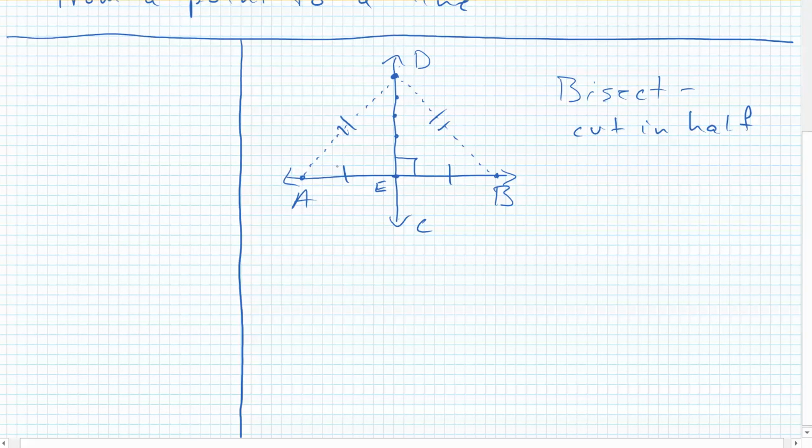All of these are going to be the same distance, or equidistant. We'll go ahead and label this one over here in the left-hand column.